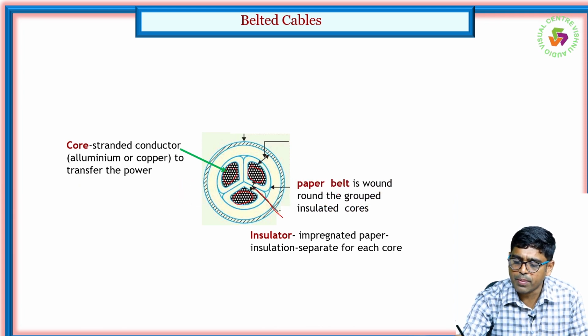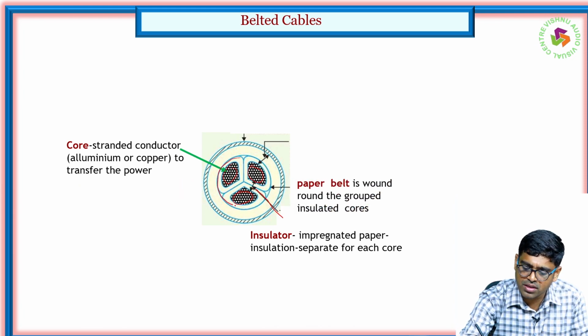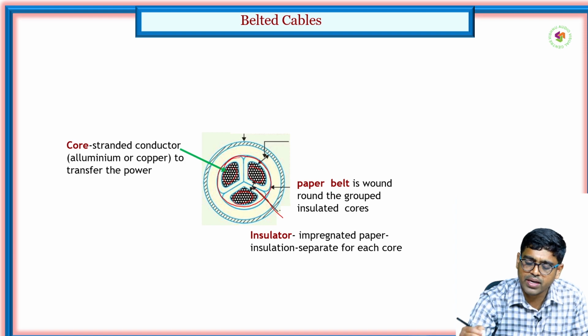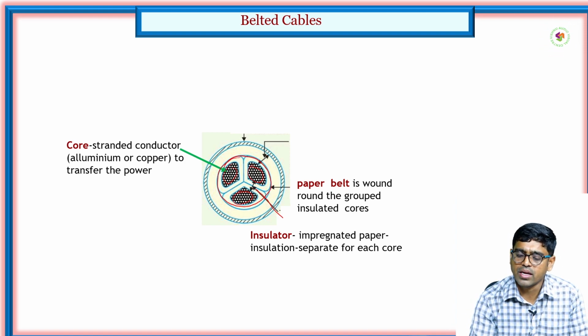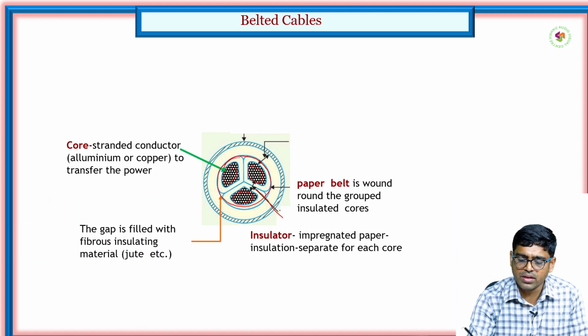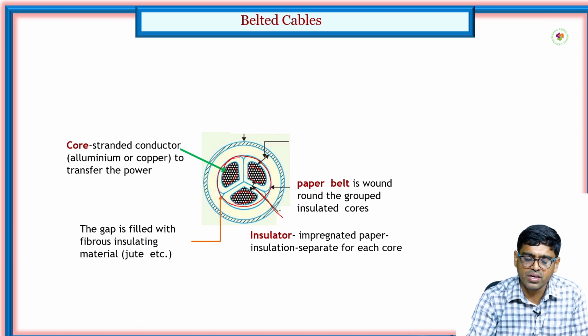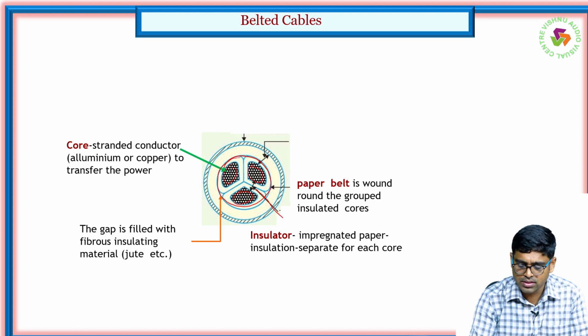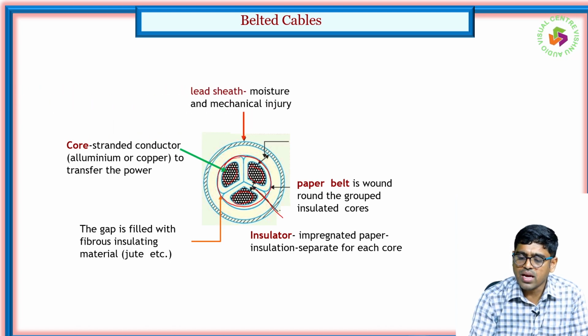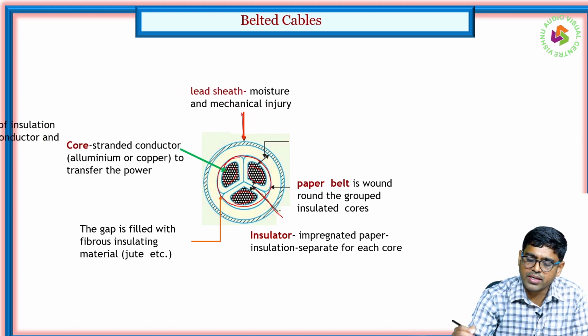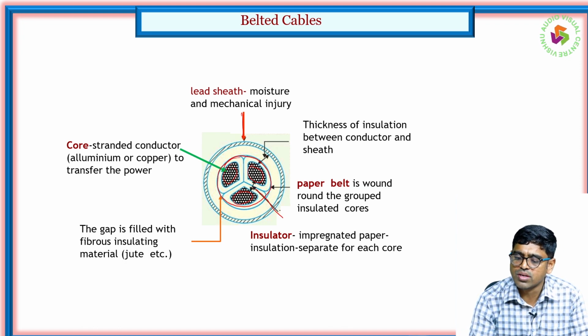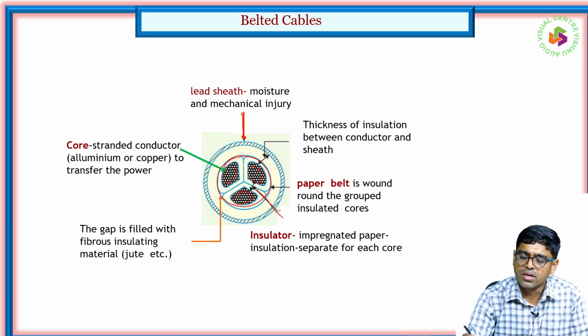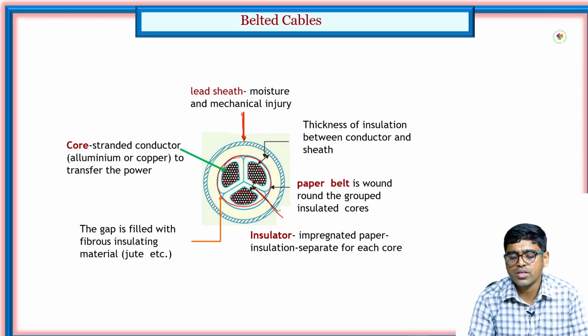Then there is a paper belt: all three phases, RYB, are belted together with a paper belt. After this, the gap is filled with a fibrous insulating material, that is jute. Then it has a lead sheath. Then we have thick insulation between the belted conductors and the sheath, another insulation. So that is about the belted cable.